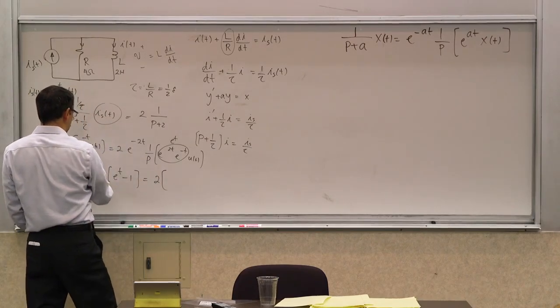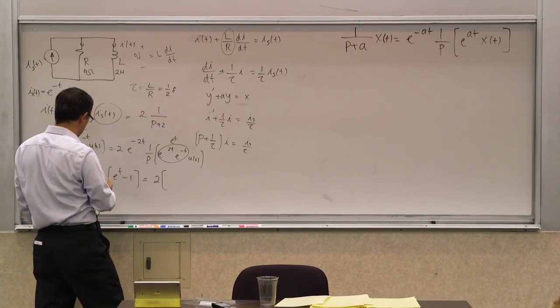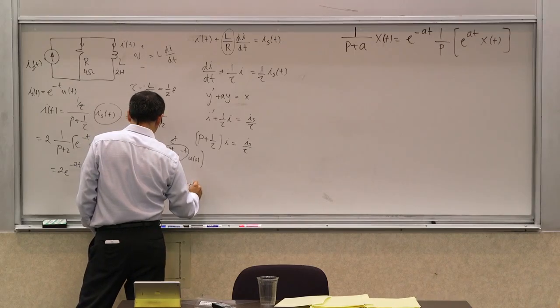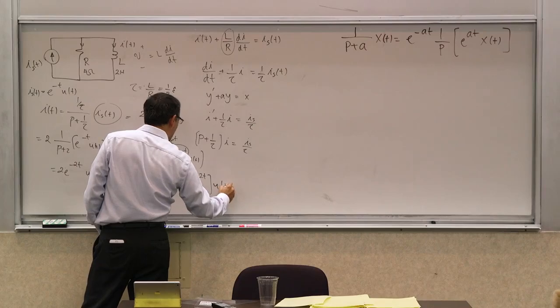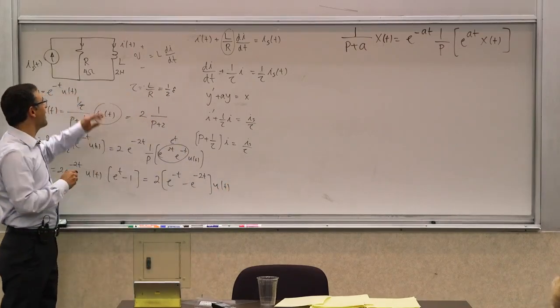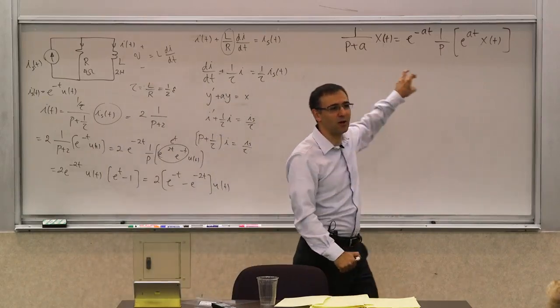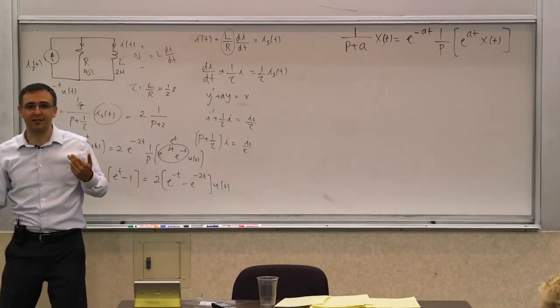When these two get multiplied, what do they produce? So you get e to the negative t u of t minus e to the negative 2t u of t. So what happens? This guy has only one natural frequency, which is e to the negative 2t kind of thing, right?